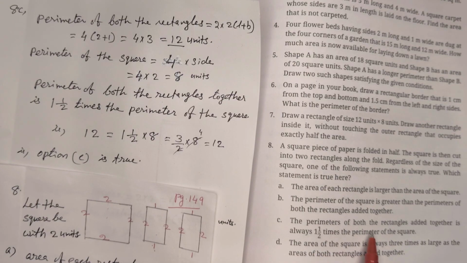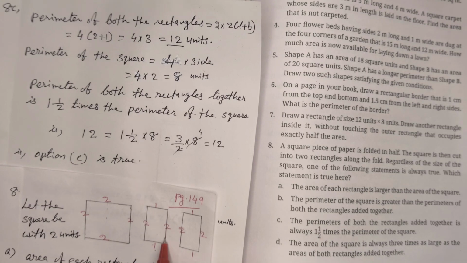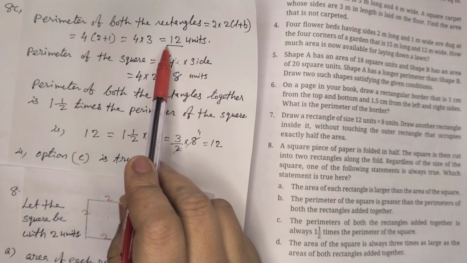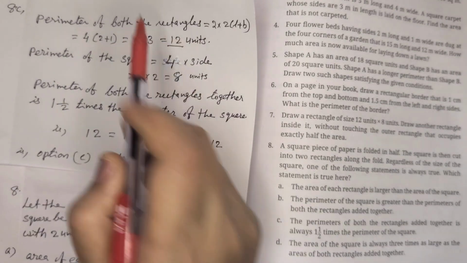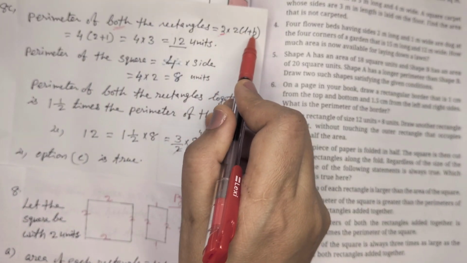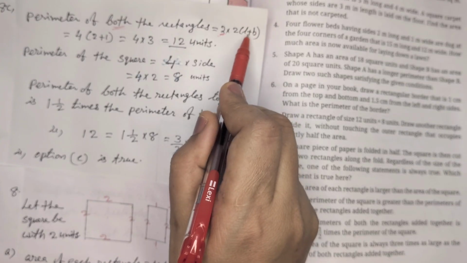Option C: the perimeters of both the rectangles added together is always 1.5 times the perimeter of the square. The perimeter of one rectangle is 2 plus 1, 3, 3 into 2, 6, and for both the rectangles it will be 12 units. We can calculate this way also. Both means 2 rectangles, so 2 is here, and 2 into (L plus B) is the formula for the perimeter of the rectangle.